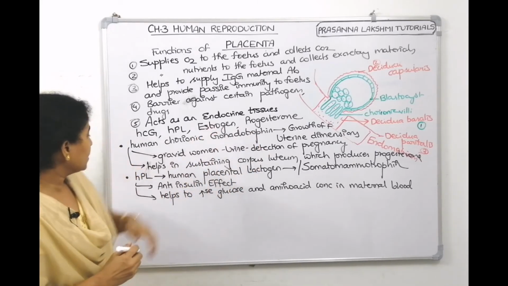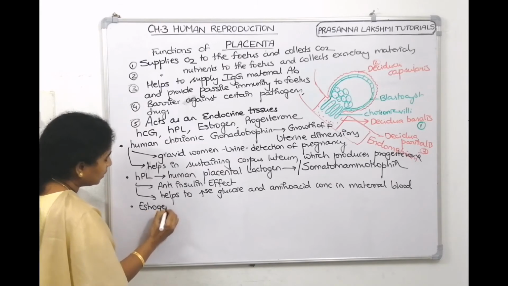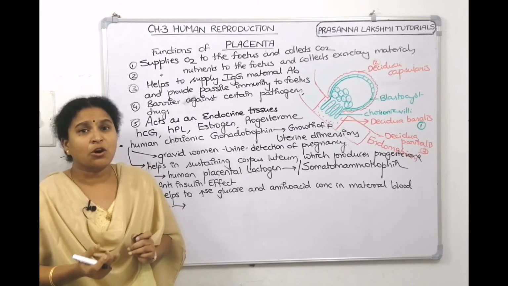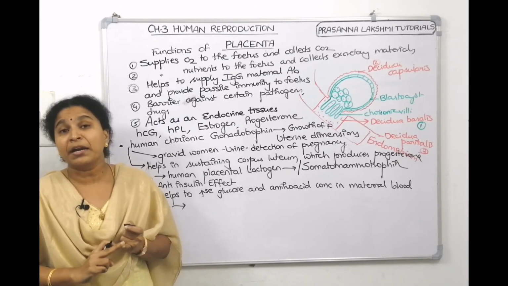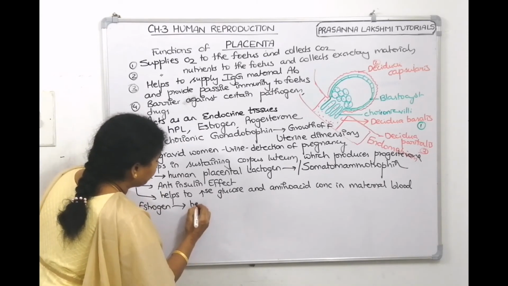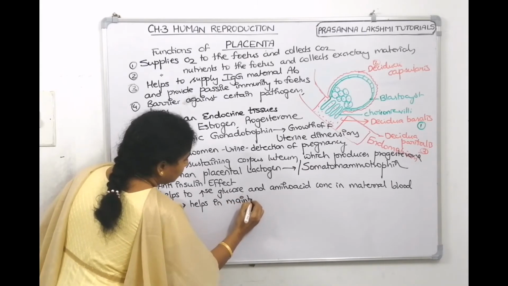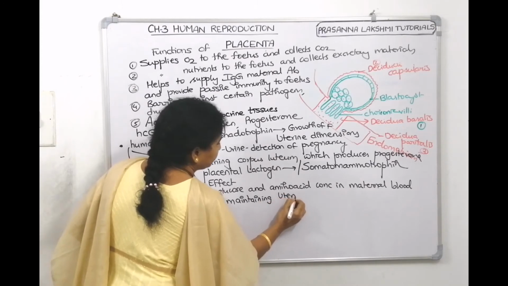The third hormone is estrogen. Now, estrogen is a female sex hormone. It also promotes the uterine growth and it helps in the development of mammary glands. Estrogen helps in maintaining uterine growth.